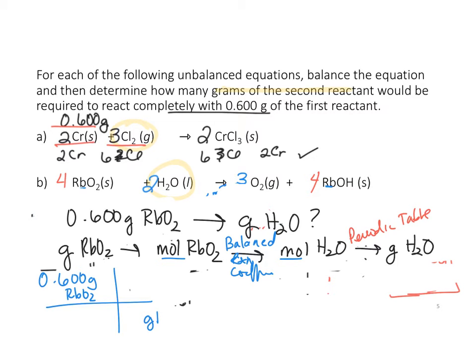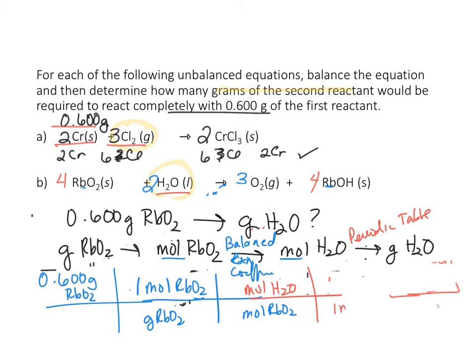We're going to put grams of RbO2 on bottom for 1 mole of RbO2. And then we're going to change substance here to mole of water, H2O. And then for 1 mole of water, we're going to have grams of water.